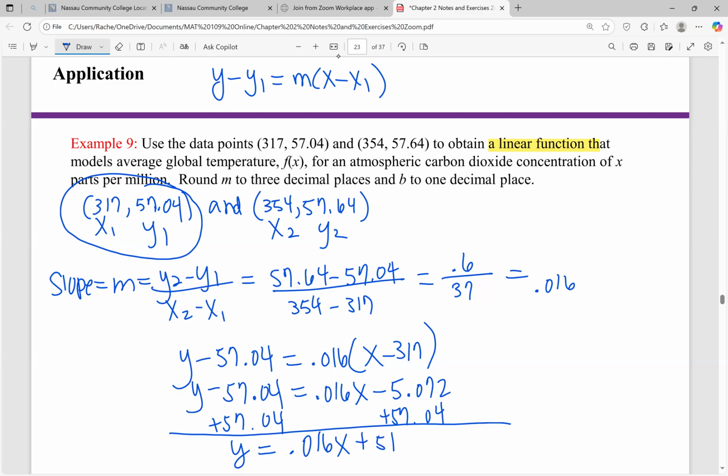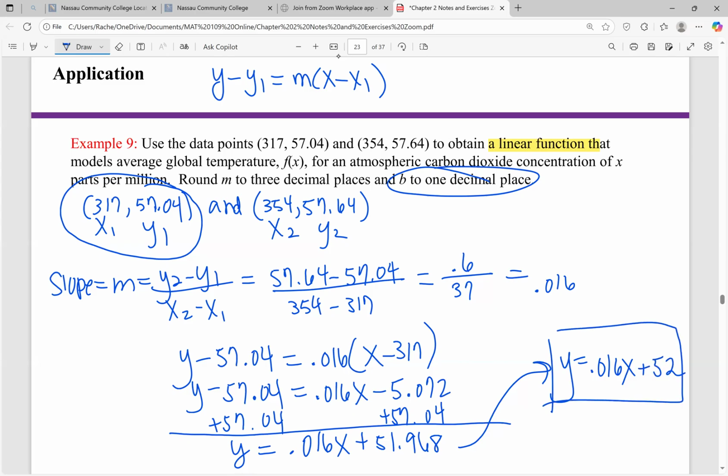It says round b to 1 decimal place. That 9 in the tenths spot is going to become a 10 because of the 6 right next to it. So to 1 decimal place, y equals 0.016x plus 52. My slope is 0.016 and my y-intercept is 52.